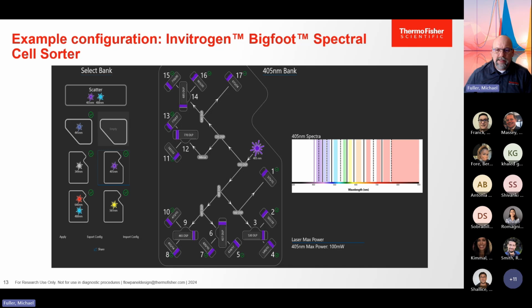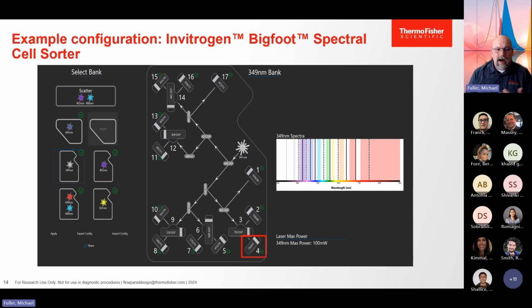Now, while that does open up possibilities, this configuration can still greatly influence the ability to distinguish one fluorochrome from another. To illustrate that point, we're going to focus in here on the detector array for the 349 nanometer laser and focusing in on this particular detector here.